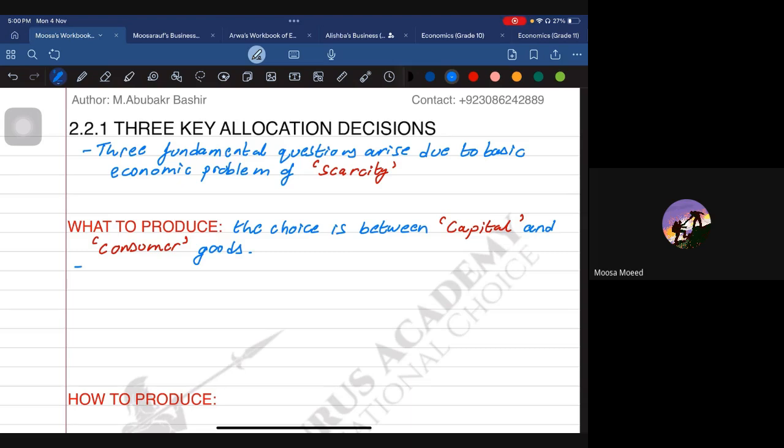opportunity cost that the firm will face of producing, or the economy will face of producing, specifically the economy will face. And if we keep on producing only the capital goods, then what the economy is facing in that scenario.